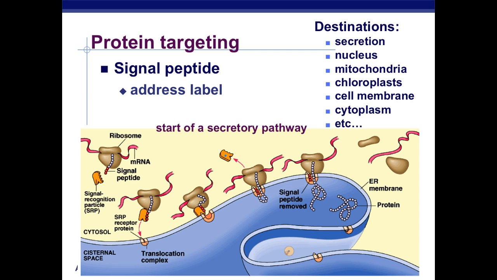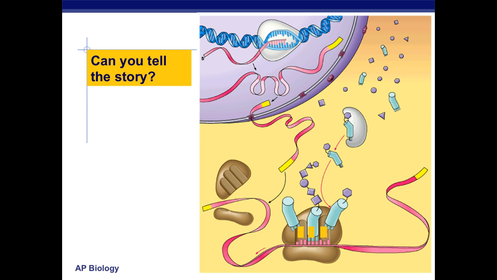The SRP is then removed, and the peptide chain begins to enter into the ER. Once translation is complete and the polypeptide chain has officially entered into the membrane, it will then fold and produce the proper protein.